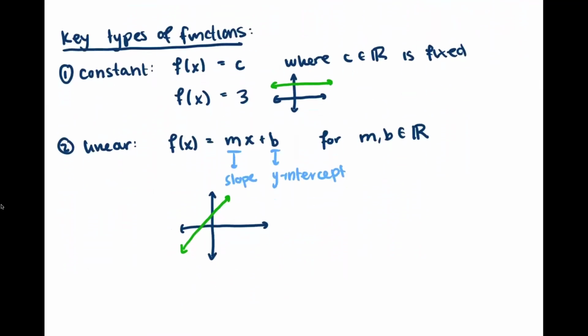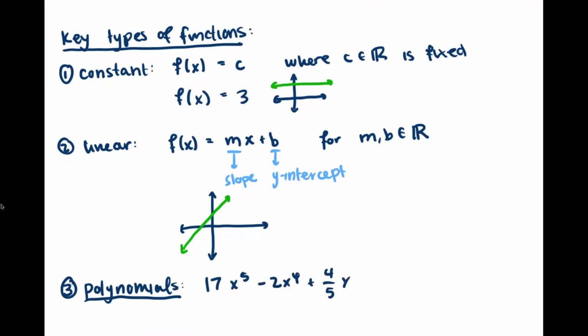Okay, then we also have polynomials. And with this, maybe it's easier to just write down an example to start with. So this will be like 17x to the 5th minus 2x to the 4th plus 4 fifths x squared plus 7. So basically, what is this? It's any function that's obtained by adding or subtracting terms which come from multiplying a real number by some power of x.